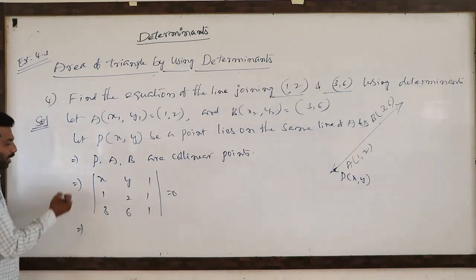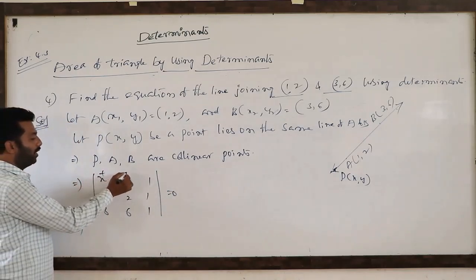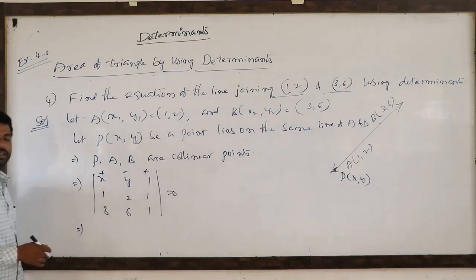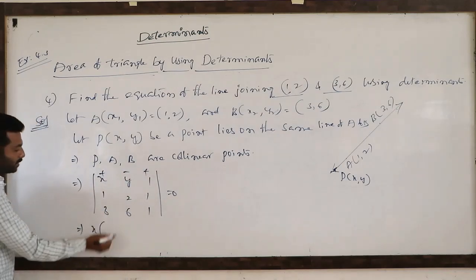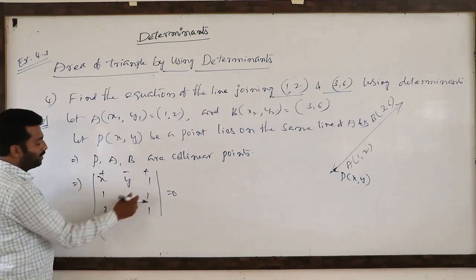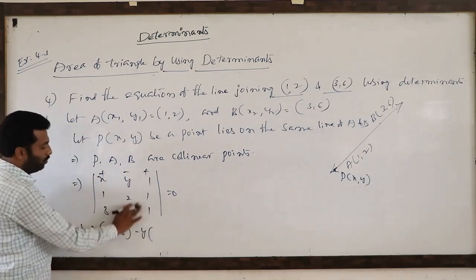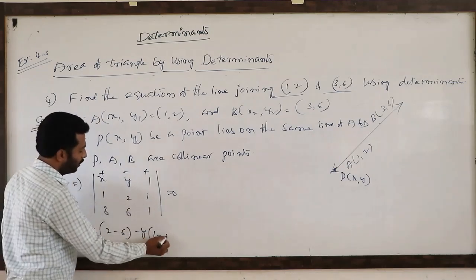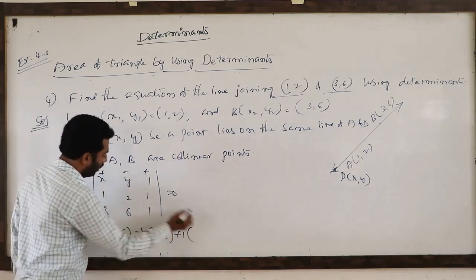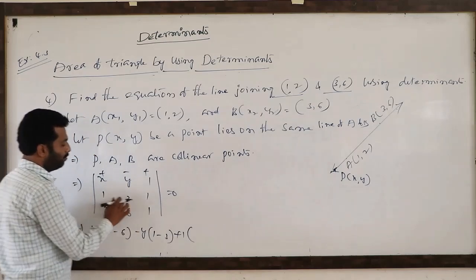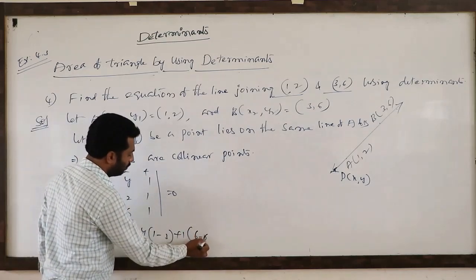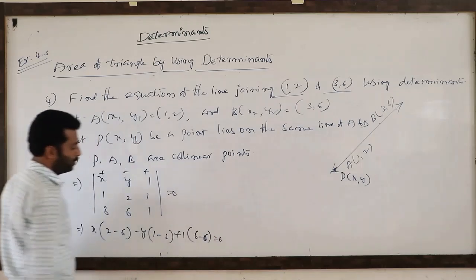So you expand along the first row or second row, whatever row or column you select, no problem. So x into (2 minus 6), minus y into (1 minus 3), plus 1 into (6 minus 6), equal to 0.